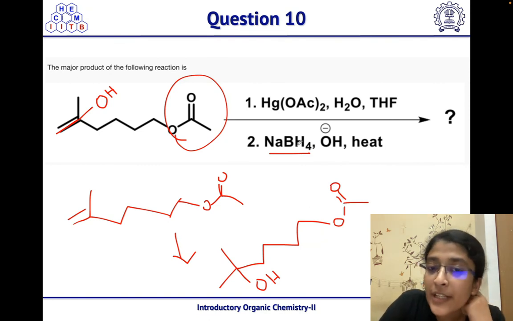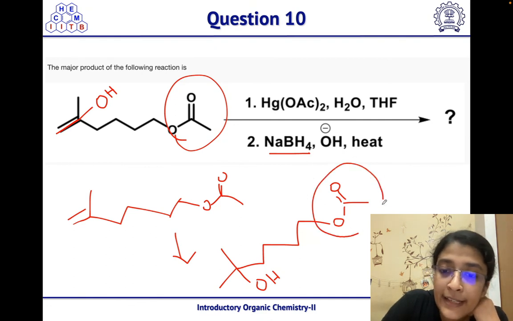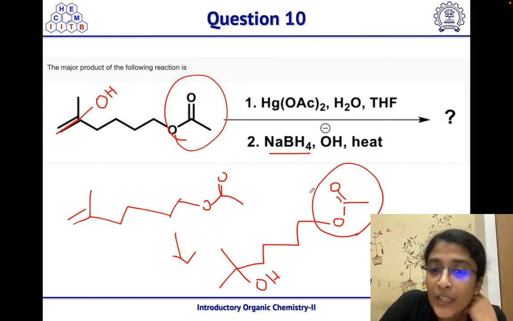But they have not mentioned how many equivalents of sodium borohydride they used. And here there is an ester in this system. So ester upon reduction will lead to formation of alcohol. That we have already learned in lower classes, right? Ester will convert into alcohol. So OH, and it will lead to formation of alcohol.